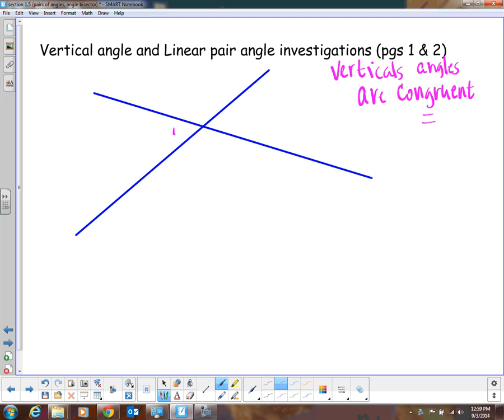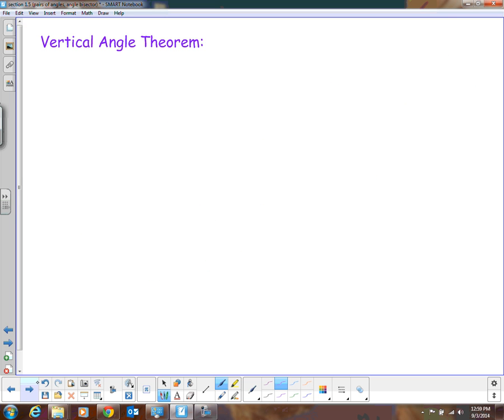So if I label this 4, 5, 6, 7, from what you learned, the measure of angle 5 is equal to the measure of angle 7, and the measure of angle 4 is equal to the measure of angle 6. Vertical angles are going to be something that we're going to be working with all year long.